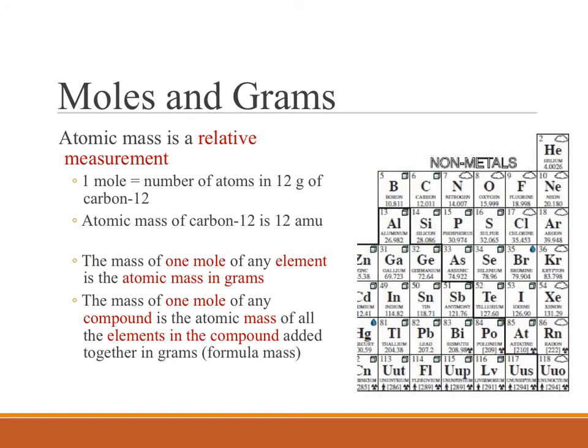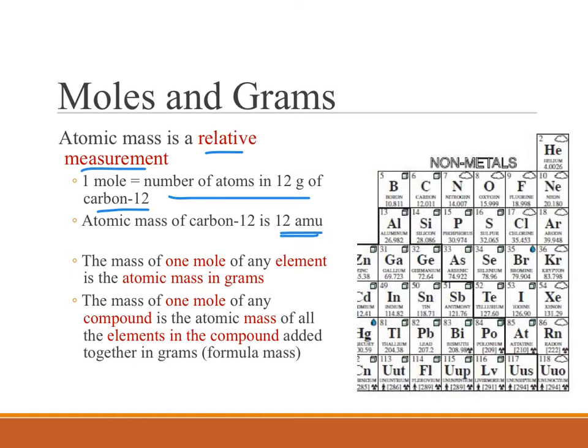Atomic mass is really a relative measurement. We're picking the size of an atomic mass based on something that already exists instead of having it being a true measurement that's independent of reality. Because 1 mole is the number of atoms in 12 grams of carbon-12, and of course the atomic mass of carbon-12 is 12 atomic mass units.